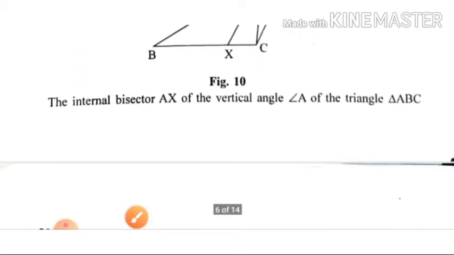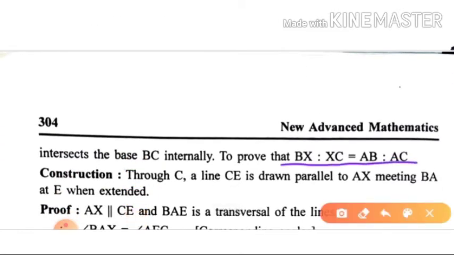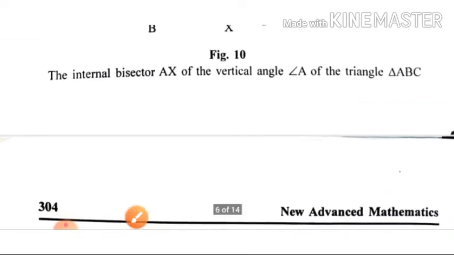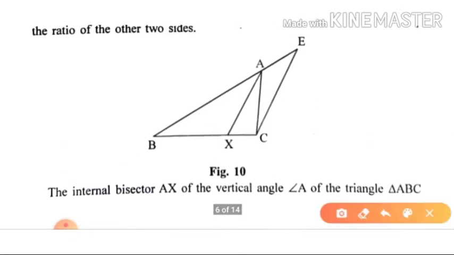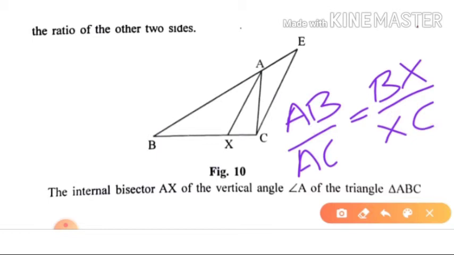Okay, and the ratio is this one: BX is to XC is equal to AB is to AC. So we can write like this also: AB by AC is equal to BX by XC. This is the second theorem.